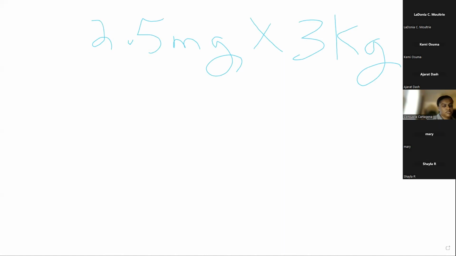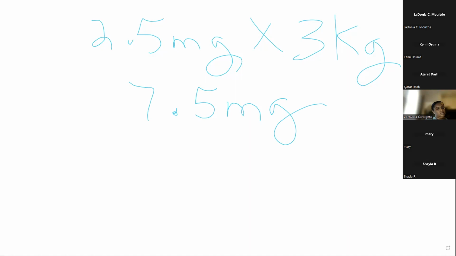You do weight based, you always leave everything in the calculator. I don't care how long the answer is, leave the entire thing in there, unless the problem tells you to round after you get the weight. You rarely ever see that. All right, so you should have gotten 7.5 milligrams. Now, if I was just asking you what would be the dose here, that's your desired dose, okay?